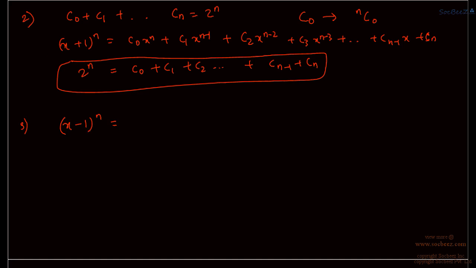Right? So if I expand (x minus 1) power n, what do I get now? I get C0 into x power n. Now I get a minus sign here, right? Everything else is still the same. It's just that wherever I have an odd power of minus 1, I'll have to write minus instead of plus.